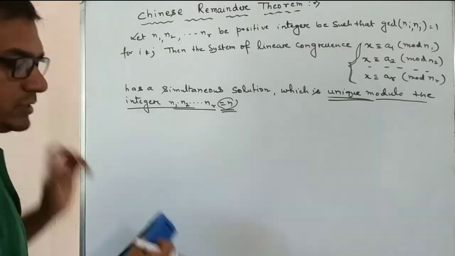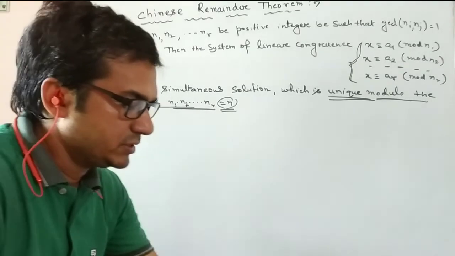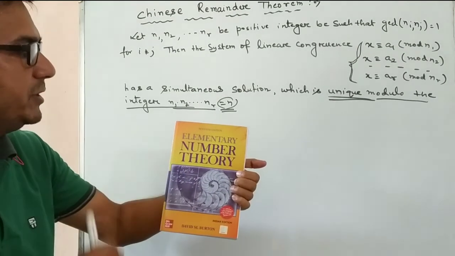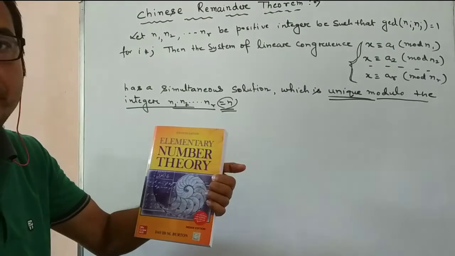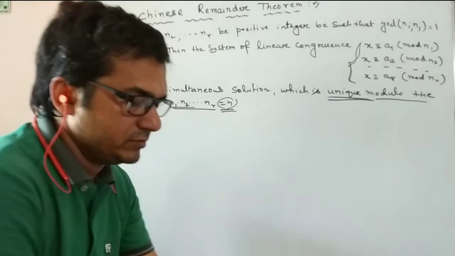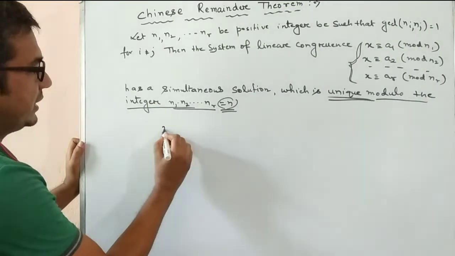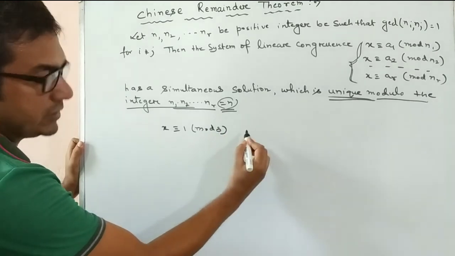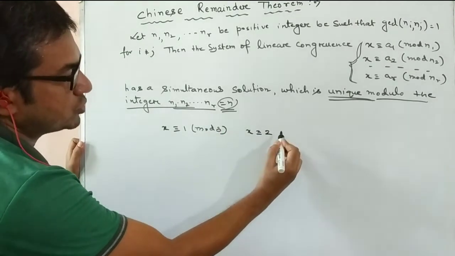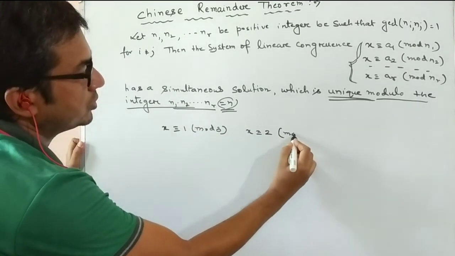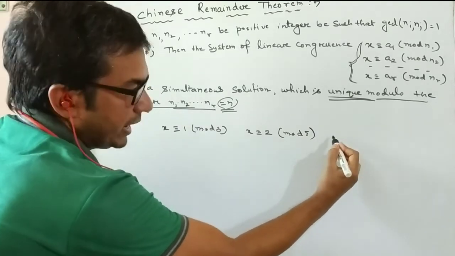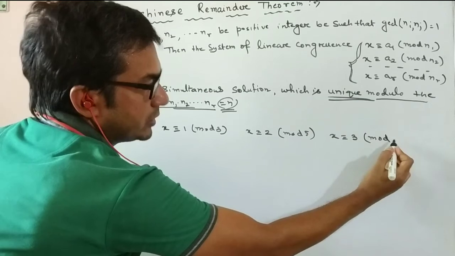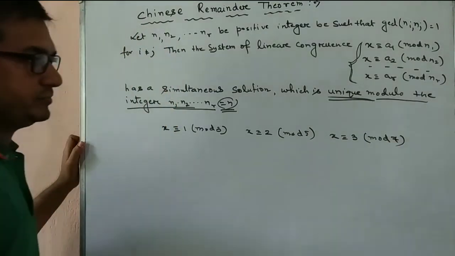This example is from the book Elementary Number Theory by David M. Burton, and the problem is x congruent to 1 mod 3, x congruent to 2 mod 5, and x congruent to 3 mod 7.